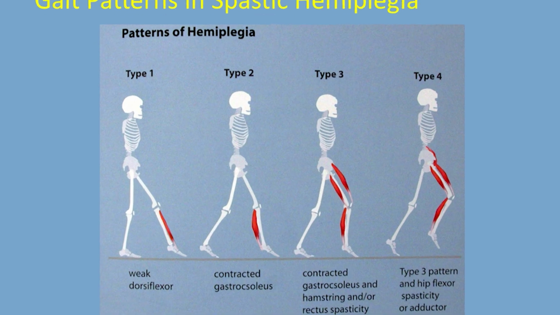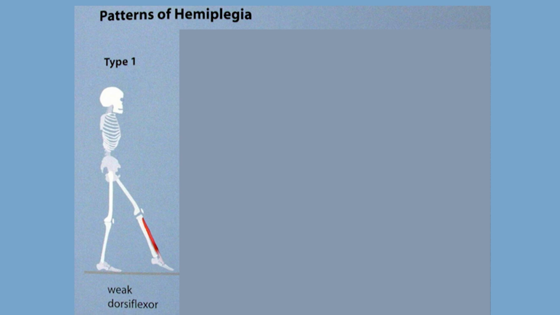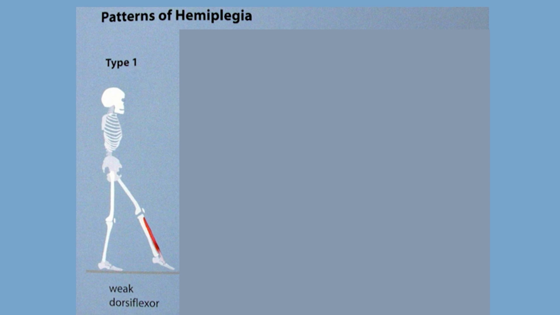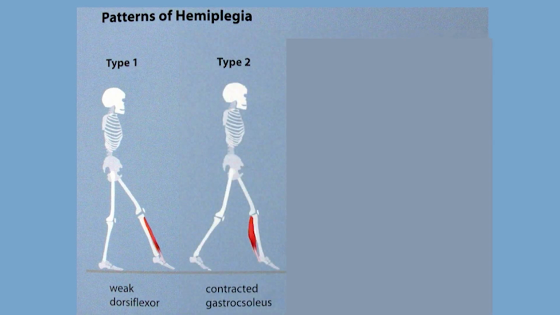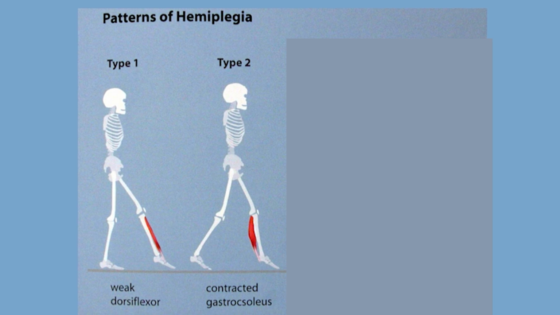In type 1, there's weak ankle dorsiflexion. In other words, it's a foot drop. In these patients, usually there's no limitation of ankle dorsiflexion, which differentiates it from type 2, in which there's a gastrocnemius contracture, but no weakness of the ankle dorsiflexors.